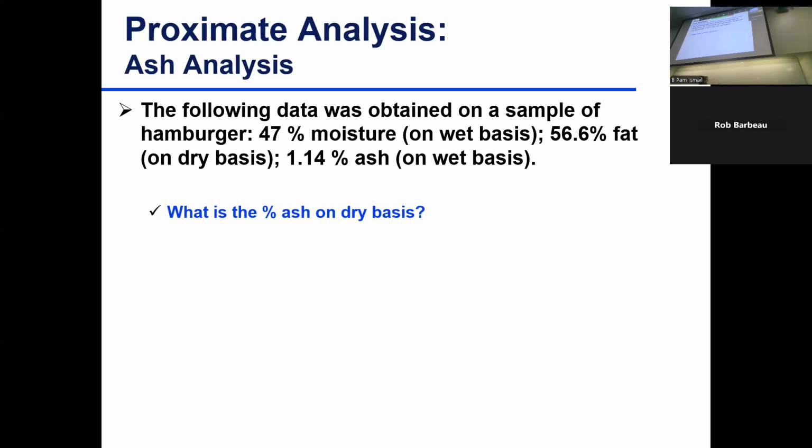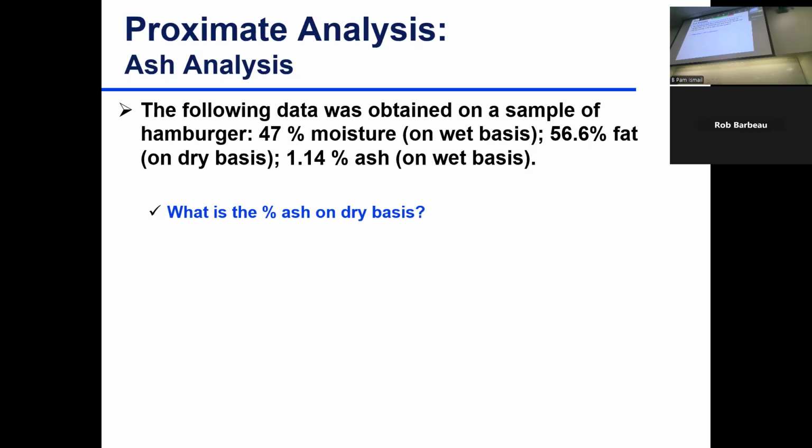Before you attempt the next one, what did you notice? So you have 1.14, that's one on wet basis. This is on dry basis. What do you note if you compare this to this? What's your observation? Your simple observation: it's higher.